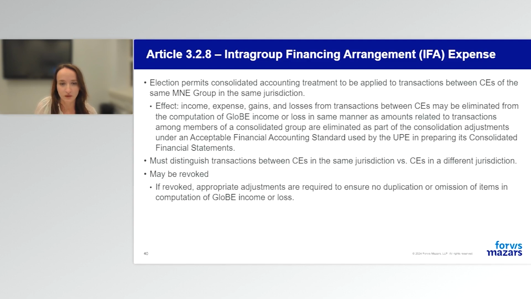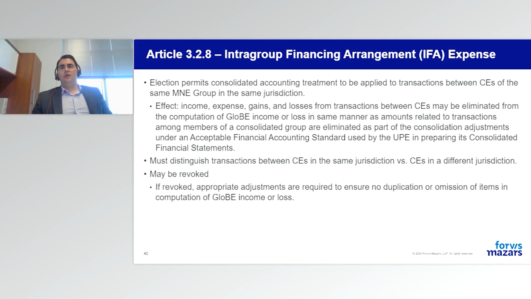Just to add on to this too, Deborah, for this Article 3.2.8 from a U.S. standpoint, right? For those that are privy to U.S. federal income tax principles, specifically with CFCs, this consolidated election is very similar to how we think of, for those that do GILTI, the 163(j) grouping election.